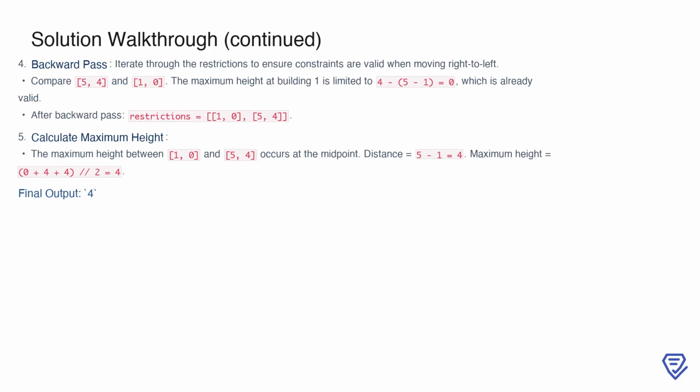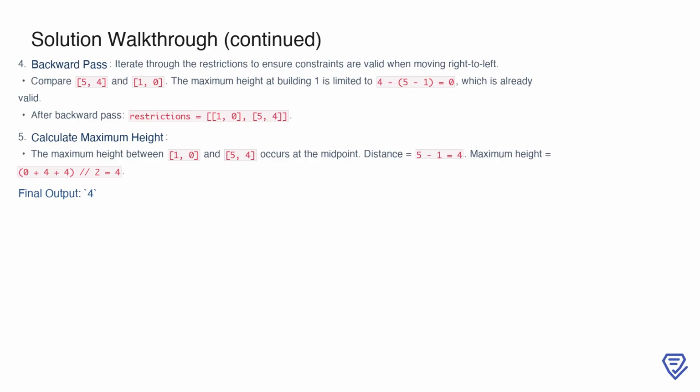Now, we perform a backward pass to ensure the constraints are valid moving right to left. Comparing [5, 4] and [1, 0], we find that the maximum height at building 1, calculated as 4 minus (5 minus 1) equals 0, is already valid. This means no changes are made during the backward pass, and the restrictions remain [1, 0], [5, 4].